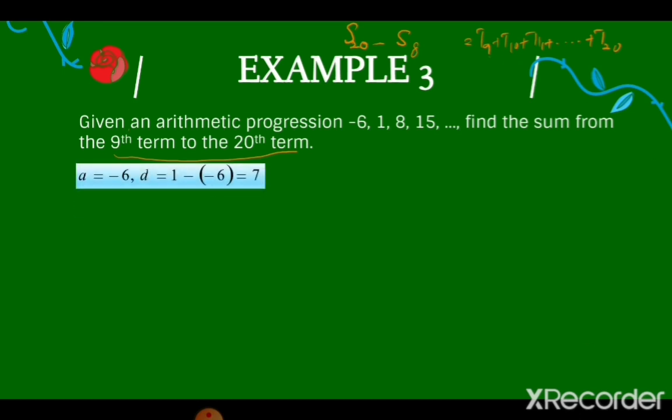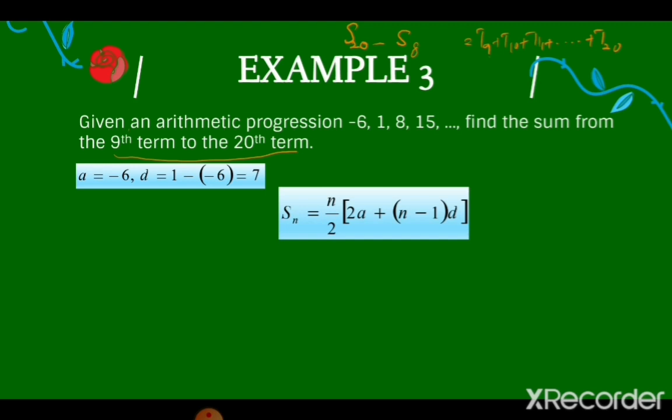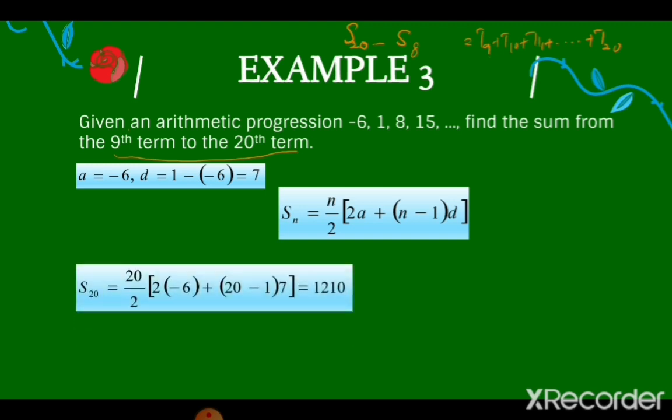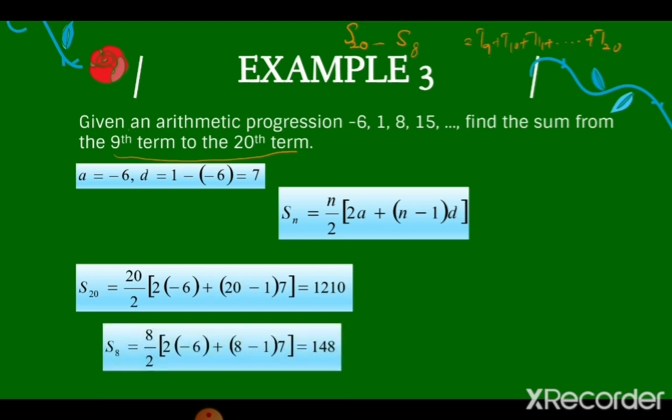Next, from the question, we know that a is -6, d is 7. And we need to find the sum of the terms. So Sn is equal to n over 2 times 2a plus n minus 1 times d. We need to find S20. Substitute the values, so we have S20 is 1210, and we find S8 just like this.